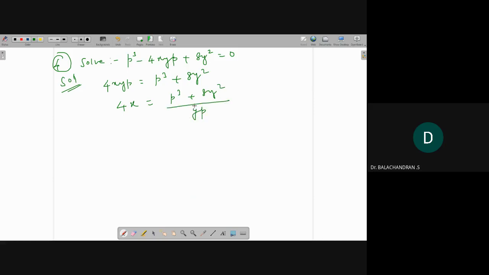We have a product of two functions, so that's why I divide p cube by yp. So p square by y plus 8y square by yp is 8y by p. I call this 1. So now differentiate 1 with respect to y. Otherwise you take this as 1, this as 2.